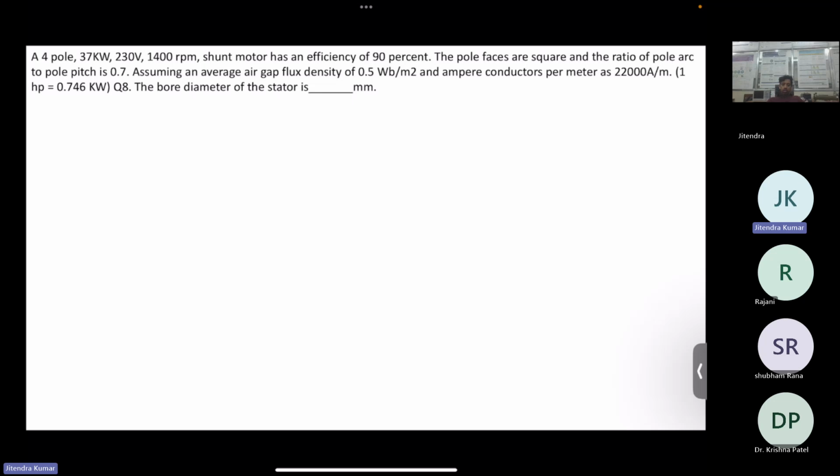We need to calculate the bore diameter of the stator. This problem seems to be done earlier, but again we'll go ahead just to clear our concepts. We have done the same problem for the series motor, right? Yes, sir. Earlier we did actually. Pi square, so we will do it easily.